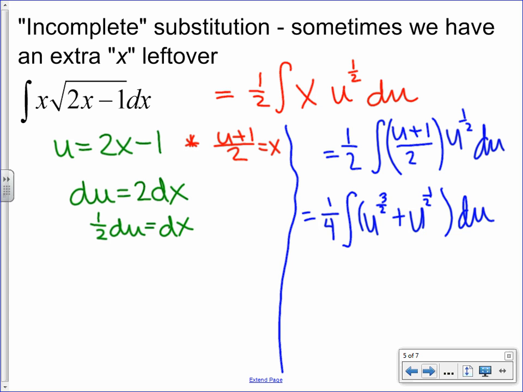What'd you do with the 1? Because you still have a leftover. How'd you get to the 1/4 number again? I took this 2 and just moved it outside. Oh. Because it's a constant. Constants are easier to work with at the end, so we can just throw them off to the side.